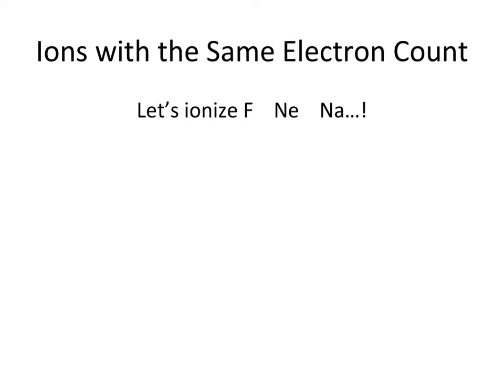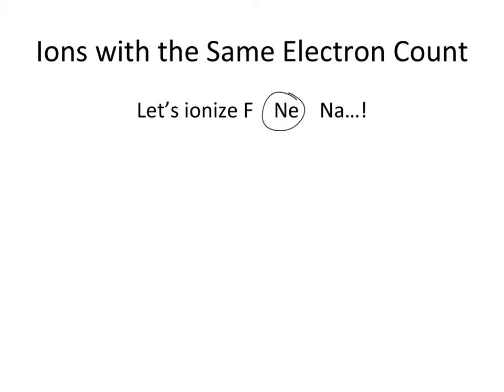Now, when atoms ionize, what we can see is a phenomenon called isoelectronic, which means that they have very similar electronic configurations. So let's look at F, Ne, and Na when ionized. Now, first thing you should say, Ne is a noble gas; it doesn't ionize, and that is true. So let's look at fluorine and sodium, but we're going to draw a neon at the same time.